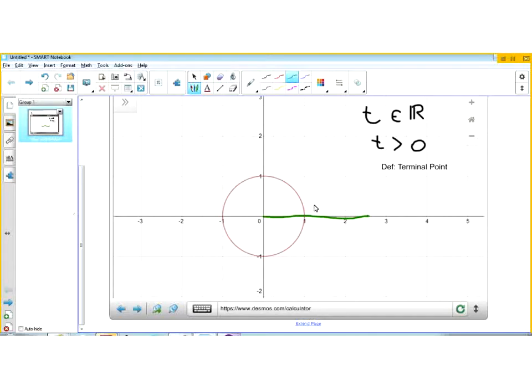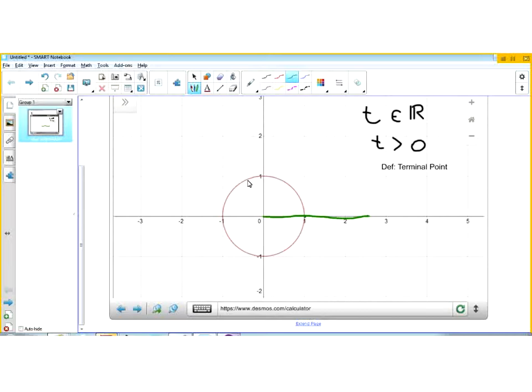Now, what if I were to take 2.5 units along the x-axis, and I were to traverse the same distance along the perimeter of the circle? In other words, I walk along the circle an equivalent distance of 2.5 units, the same distance as shown in the green bar.